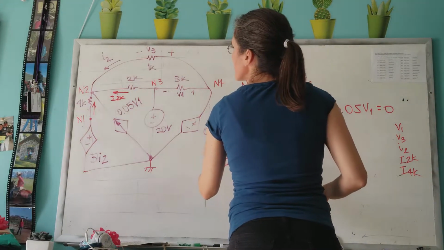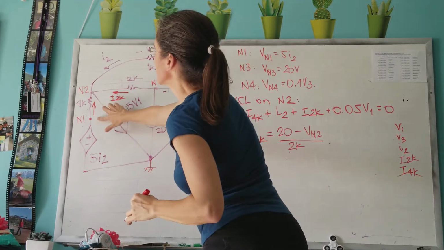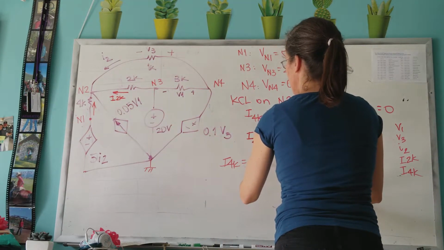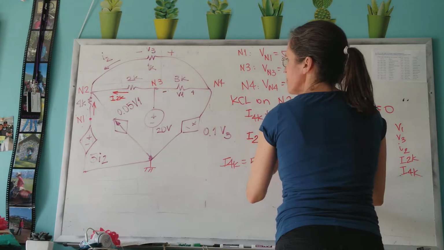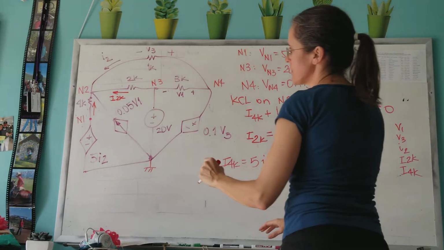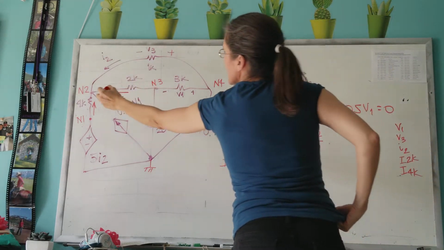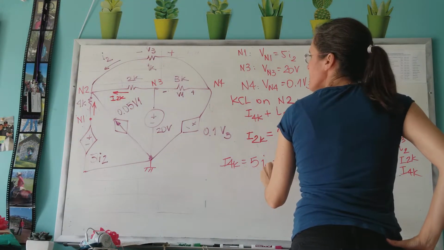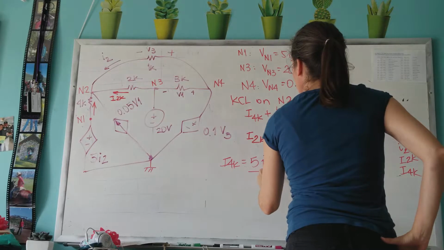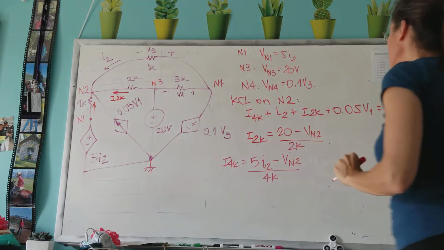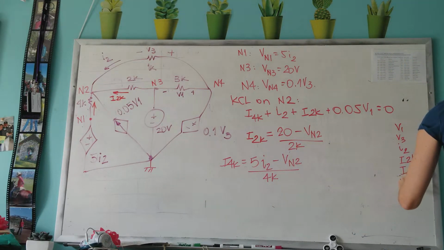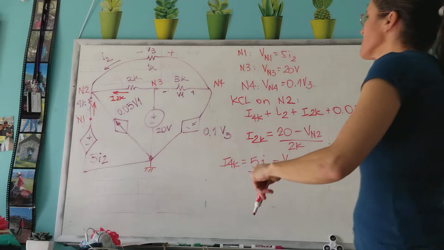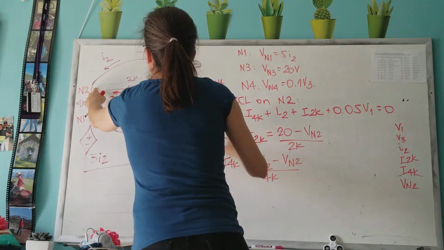I4K is this guy, just 5 I2 minus the voltage at N2 divided by 4K. And I'm adding that voltage at N2 as one of the variables.